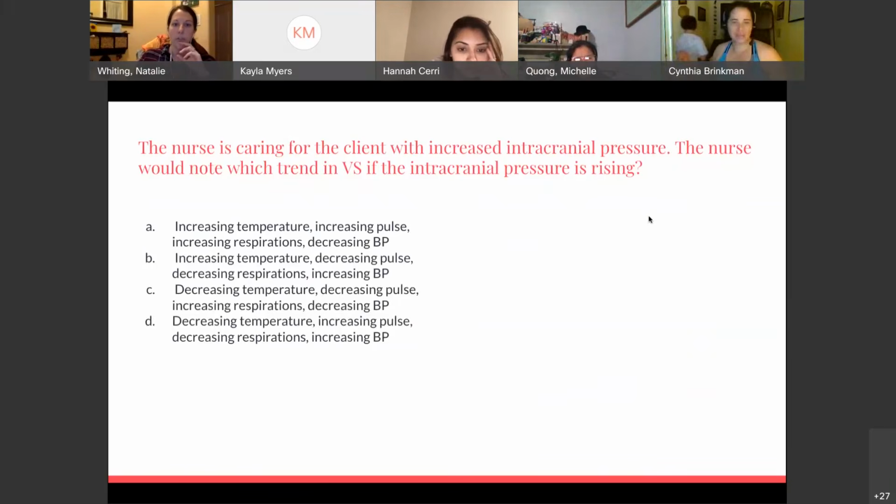B, increasing temperature, decreasing pulse, decreasing respirations, increasing blood pressure. C, decreasing temperature, increasing pulse, increasing respirations, decreasing blood pressure. D, decreasing temperature, increasing pulse, decreasing respirations, increasing blood pressure. So the intracranial pressure is increasing.